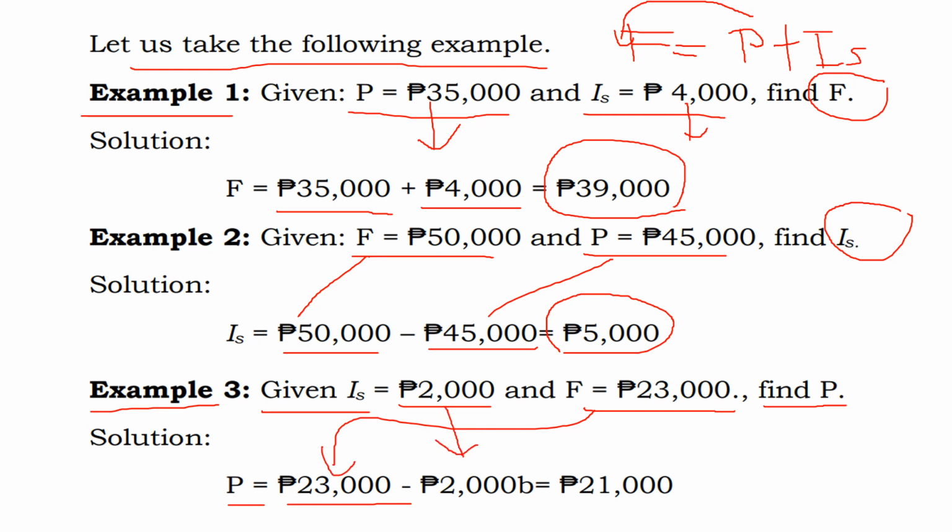If we're asked to find the principal or present value from the future value, we simply subtract the interest from the maturity value or future value to get the principal, which is 21,000 pesos. There's a typographical error here. There's no B here. So it should be 23,000 pesos minus 2,000 pesos, which becomes 21,000 pesos.